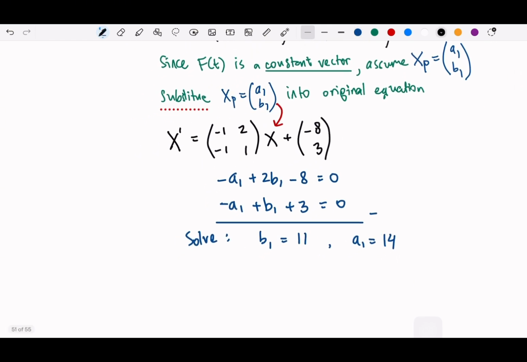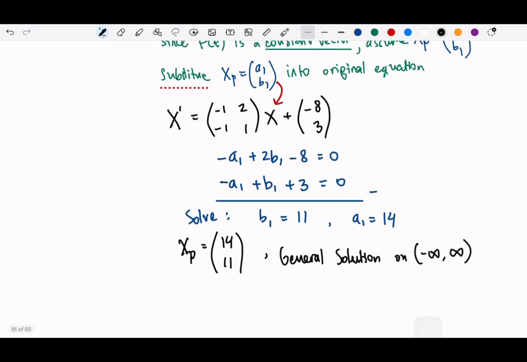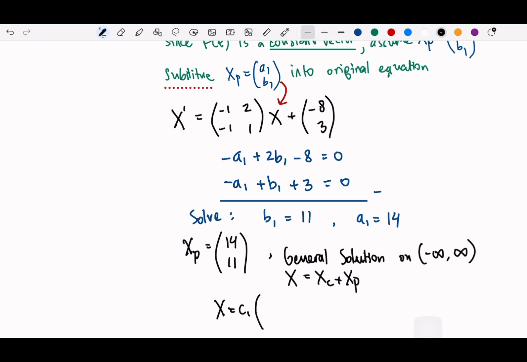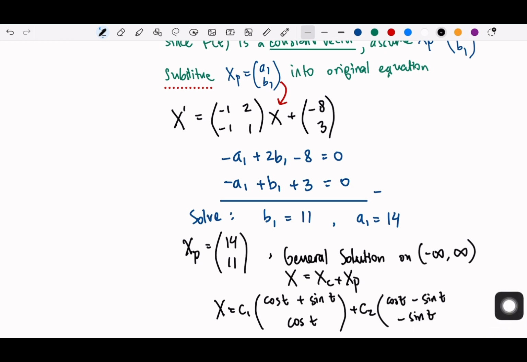So when we have xp equal to the vector (14, 11), this will satisfy the equation. So the general solution on the whole interval will be xc plus xp, or we need to write all the combinations of those two: c1 times (cosine t plus sine t, cosine t), plus c2 times (cos t minus sine t, minus sine t), and then plus (14, 11).